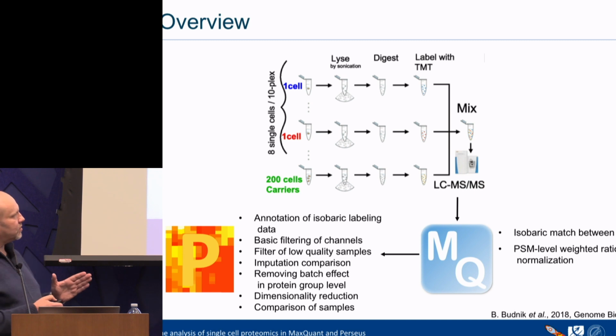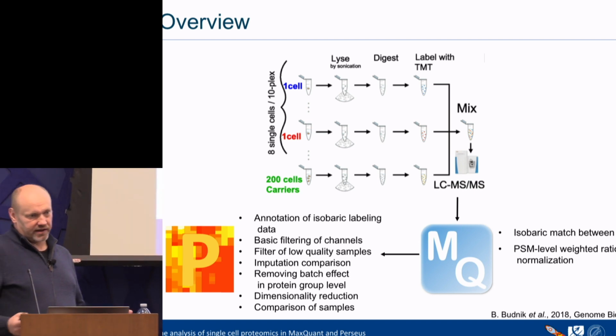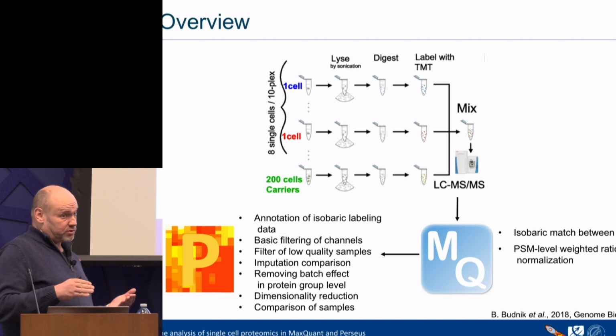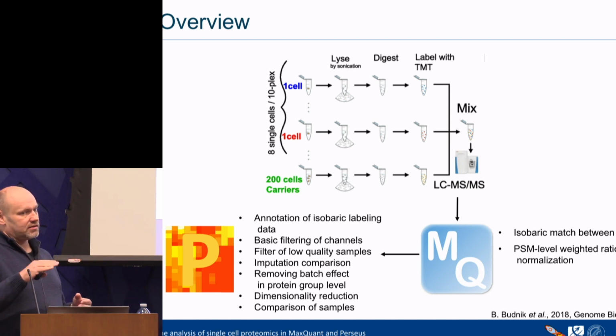So just in case you don't know MaxQuant and Perseus and what I'm talking about, MaxQuant is basically the software that does the data analysis of the spectra. It takes this mass spectrometric data as input and outputs the protein identifications and quantifications. And this then would normally be handed over to this Perseus software, which does the downstream analysis, right?